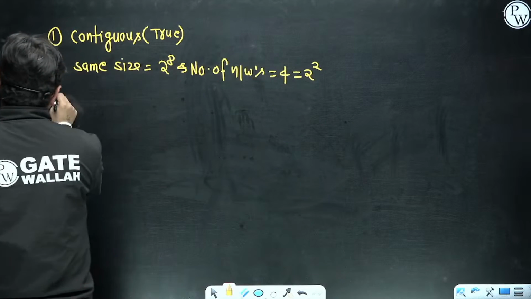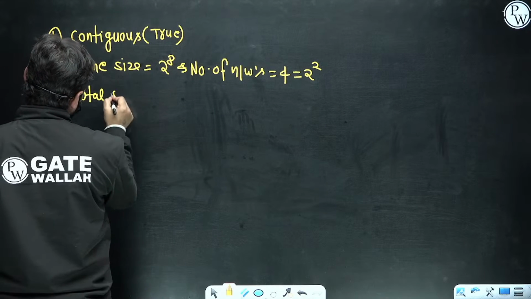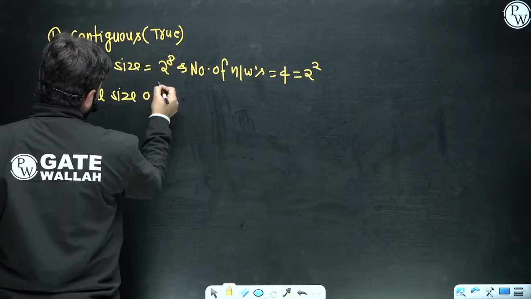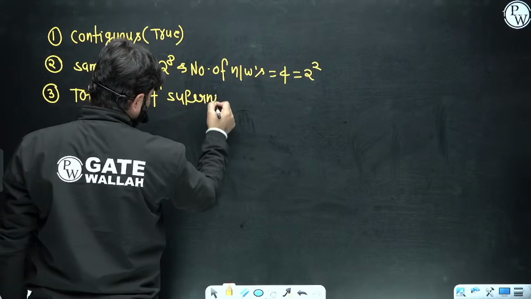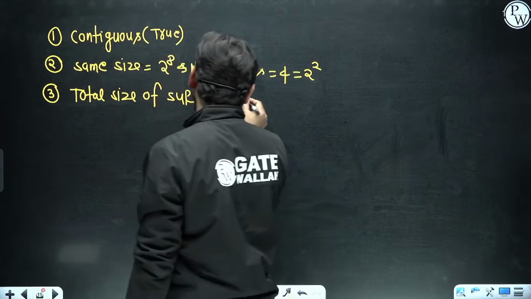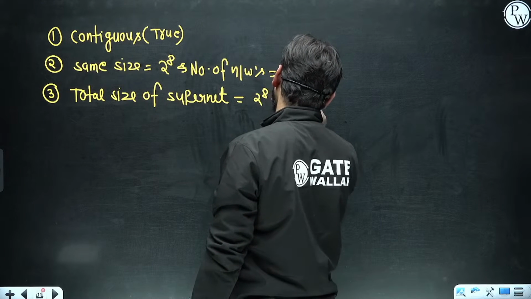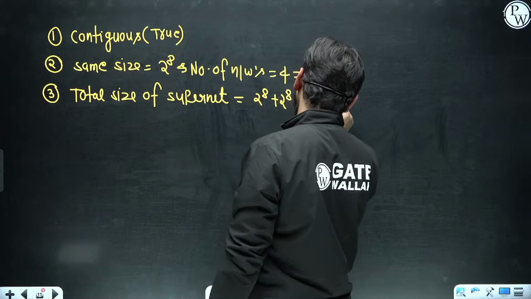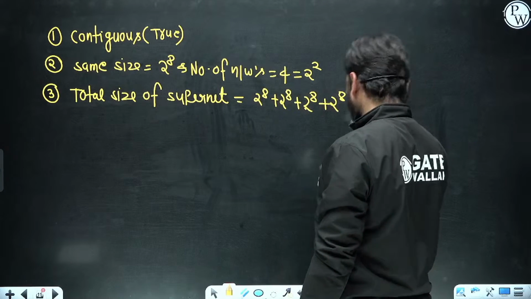The third rule: the first network ID must be divisible by the total size of the supernet. In this question there is no need to check this, but they can ask a question where it is not possible. Total size of the supernet is 2 power 8 plus 2 power 8 plus 2 power 8 plus 2 power 8, which is nothing but 2 power 10.